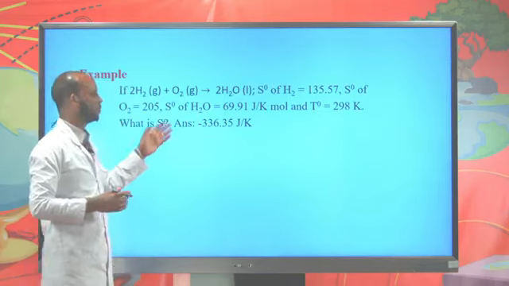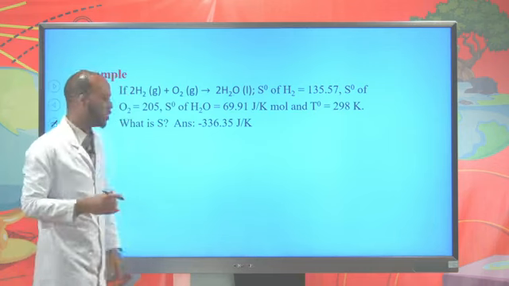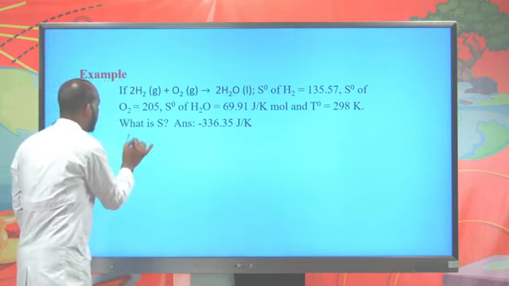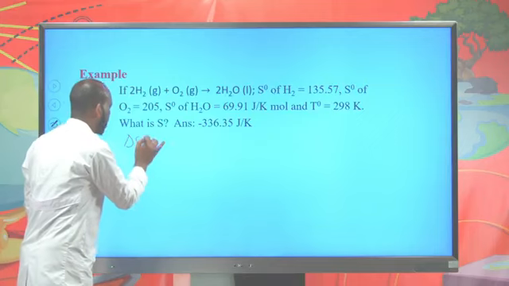What is the change in entropy, delta S, for the given reaction?